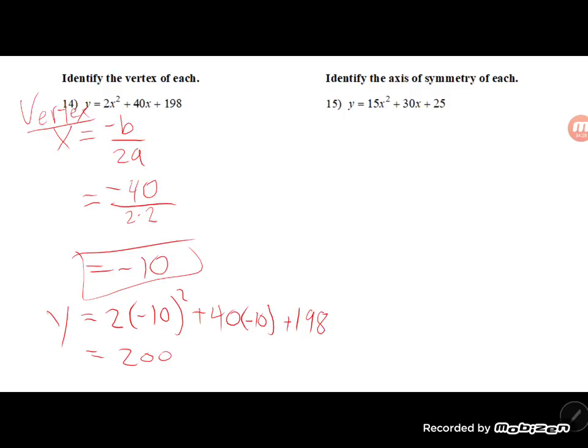This is going to be minus 400, and this is plus 198. That works out pretty nicely, because 198 is just 2 away from 200, so that'd be like 398 minus 400, which is equal to negative 2. So our vertex is the coordinate negative 10, negative 2.